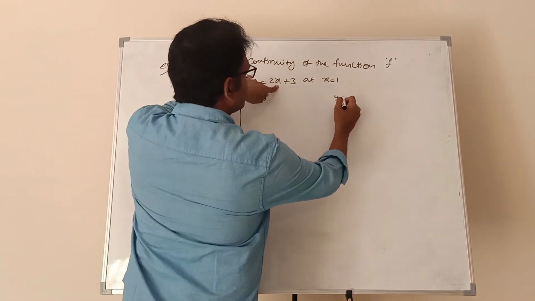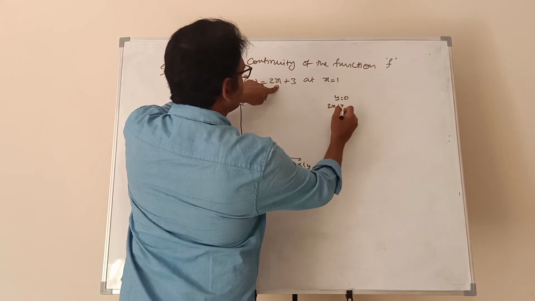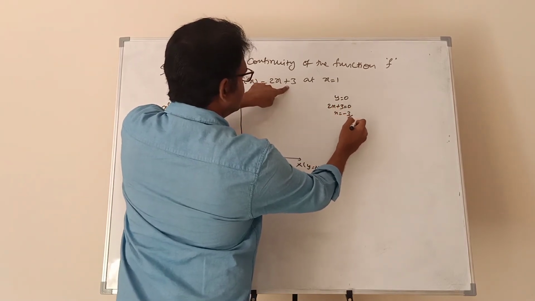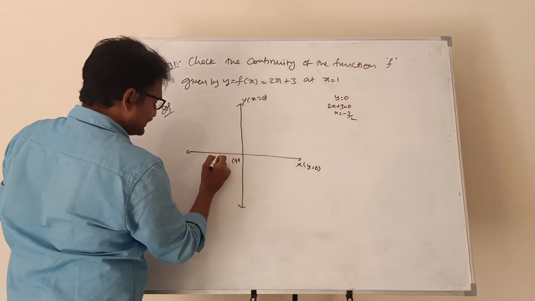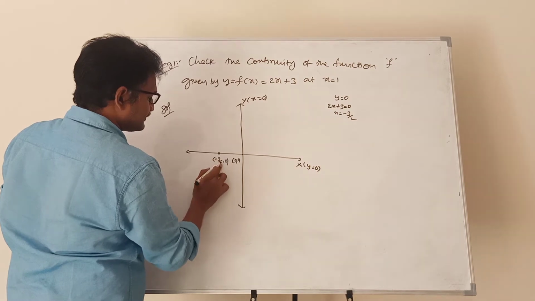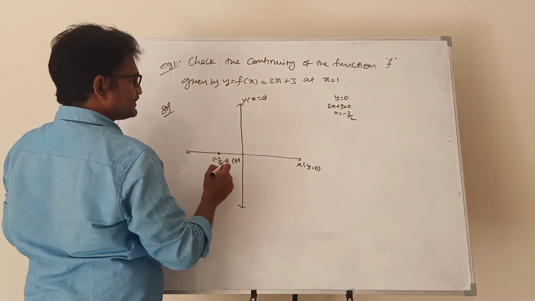If y is equal to 0, then 2x plus 3 is 0, so x is equal to minus 3 by 2. So the point is minus 3 by 2 comma 0.